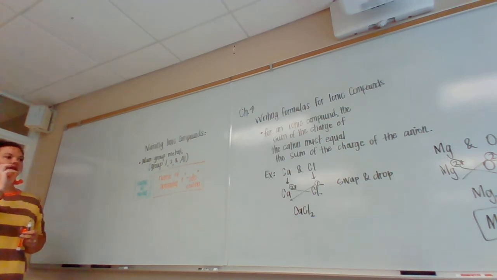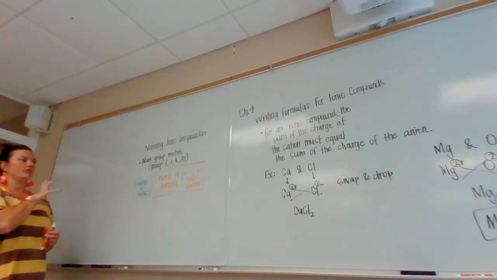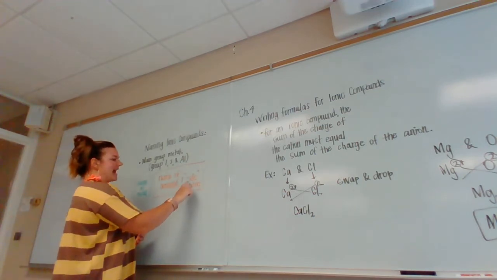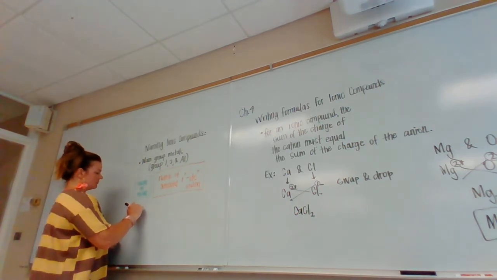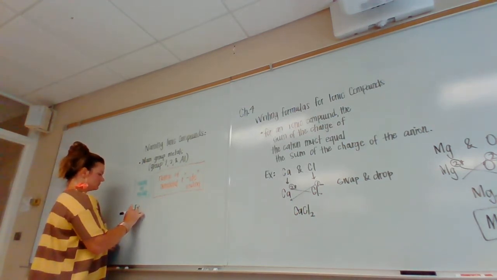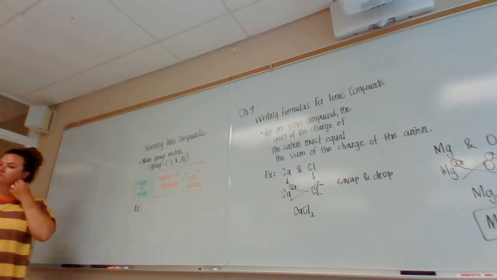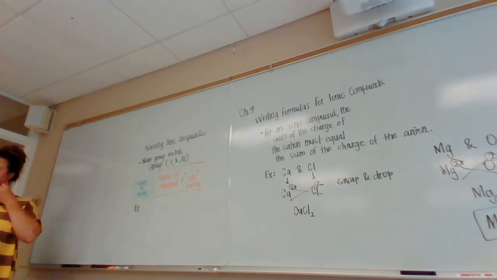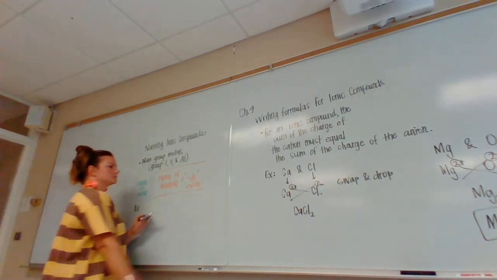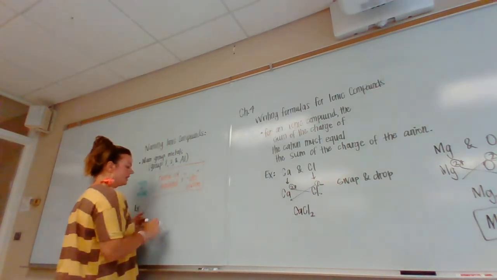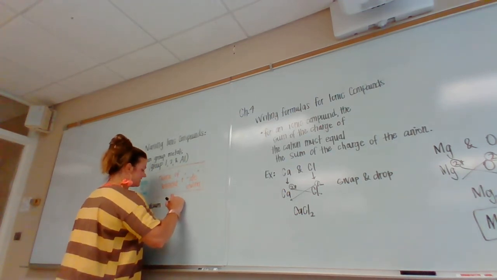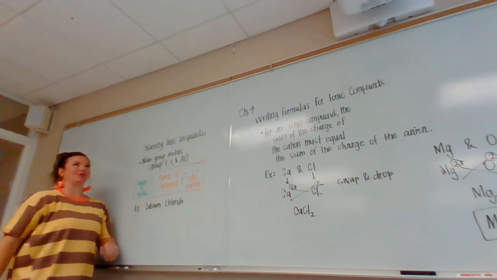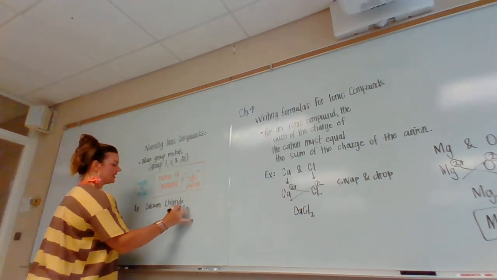You take the root name of your non-metal and you add the IDE ending. So if I were to name this compound between calcium and chlorine, it would be calcium, plain calcium, chloride, instead of chlorine. I just changed that ending.